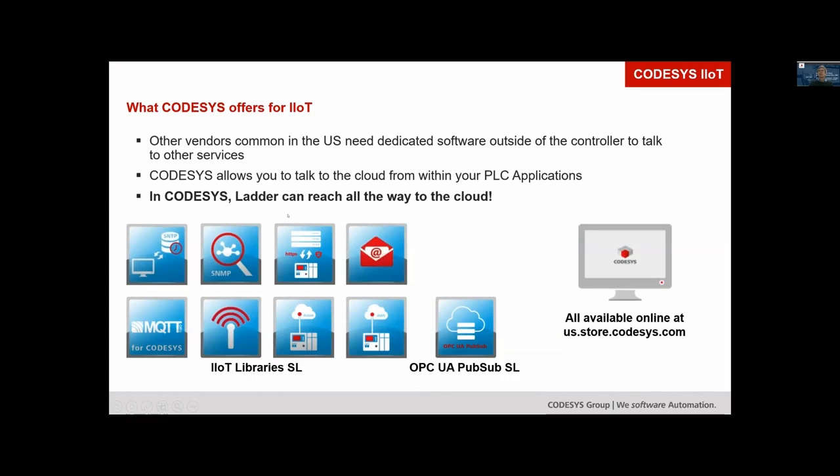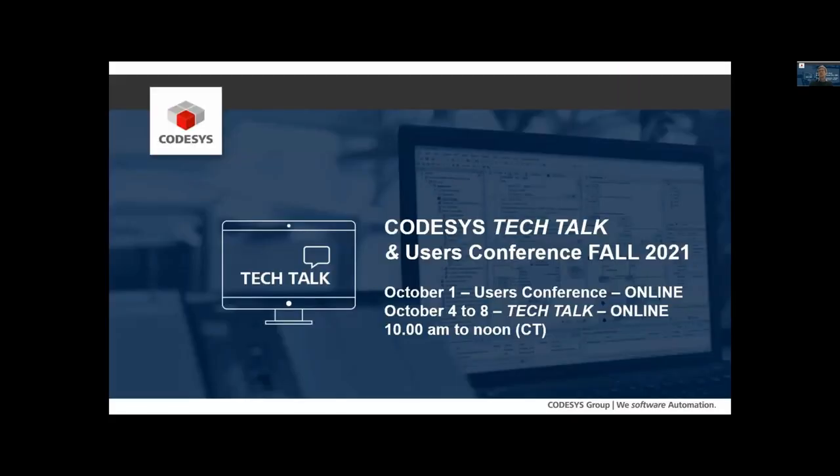You just drop in a few function blocks and you can send data to the cloud. It's really nice and easy and great for cloud applications. And the best part, because it's function blocks, you can put those blocks in ladder, and then your ladder logic can go all the way to the cloud. And with that, I'm going to give it back to Chris.